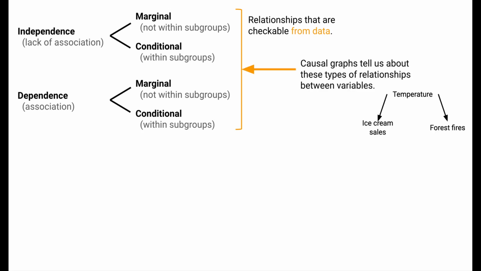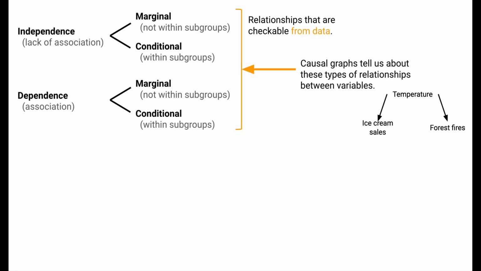It turns out that causal graphs that encode essential expert knowledge are in fact statistical models in disguise. They graphically show relationships between random variables. We will see that structures within causal graphs imply marginal and conditional independence and dependence between variables.